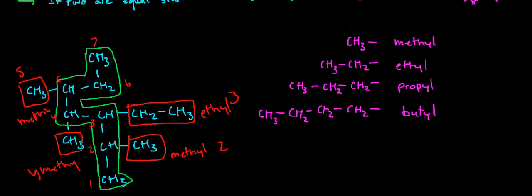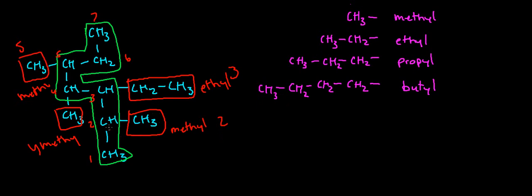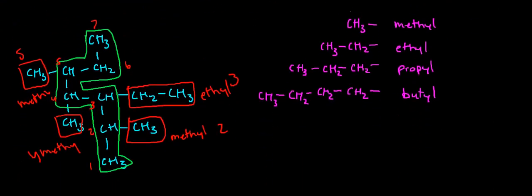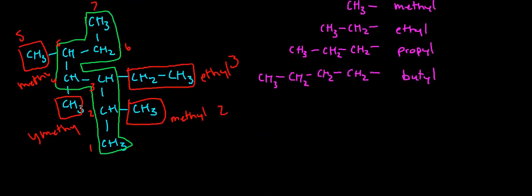So this is how we're going to name it. The main chain, 1, 2, 3, 4, 5, 6, 7, so it's going to be a heptane. But we've got to name all these substituents as well, and branches. We've got 3 methyl groups, 1 ethyl group, and this is on a heptane.